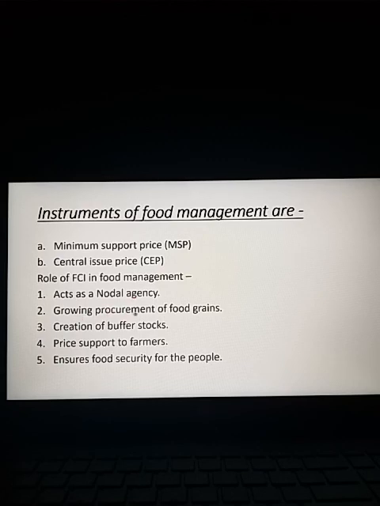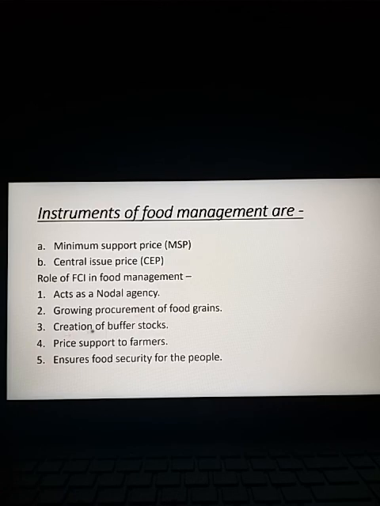Growing procurement of food grains. See, FCI just acts as a merchant. Once it purchases a product, that is food grains, it has to transport those grains from the farmlands to the warehouses, and store them properly in a scientific way.